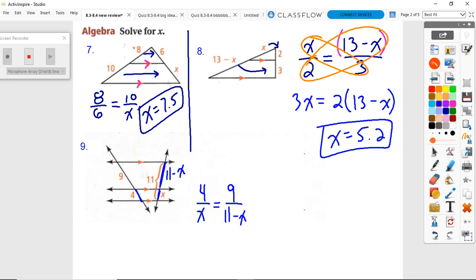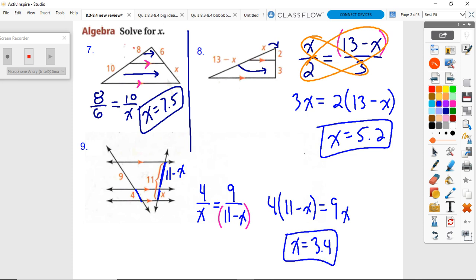Again, when I cross multiply, keep in mind the quantity. So when you cross this up, you're going to get 4 times 11 minus x equal to 9x. And after distributing, you get x equals approximately 3.4 in this one.